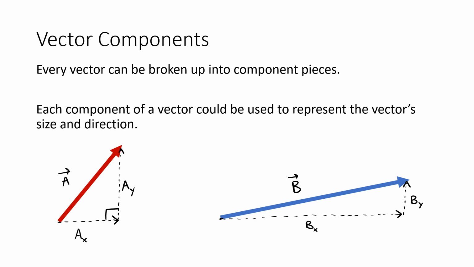So we have these two vectors. Each vector has a horizontal component, and each vector will have a vertical component, A sub y and B sub y.